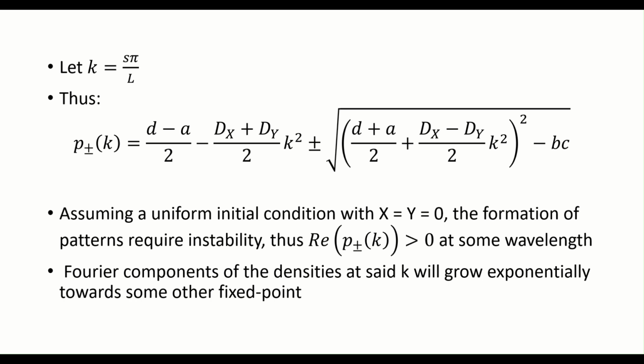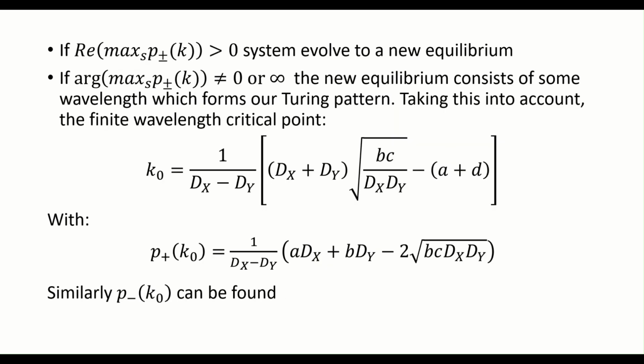So to find the condition for Turing instability, as I said, the real part of the roots has to be greater than zero, right? So we'll find the critical k, or the critical wavelength, for which this is true, and afterwards it's not.